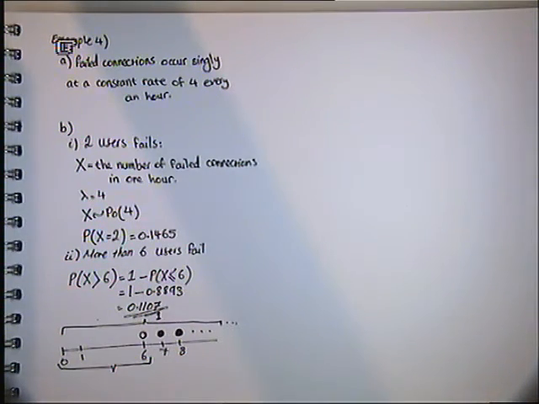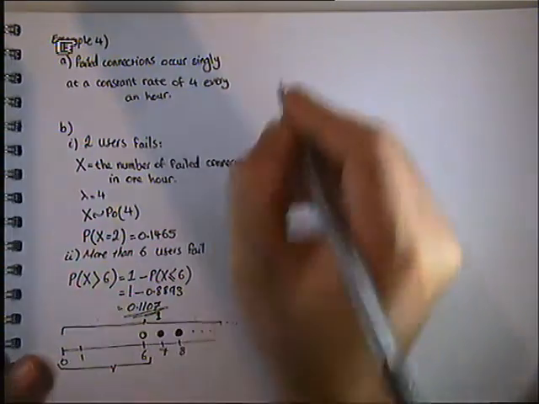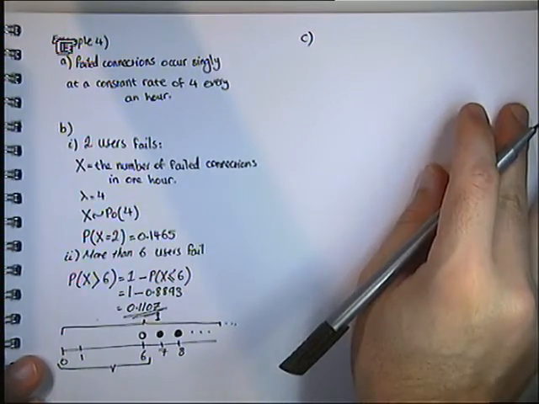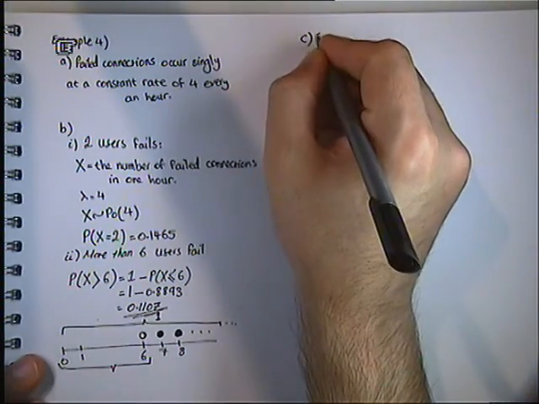So now let's move on to part C. Find the probability that in a randomly chosen 90 minutes period. Okay, first of all, I write it down because the period of time has been changed now.